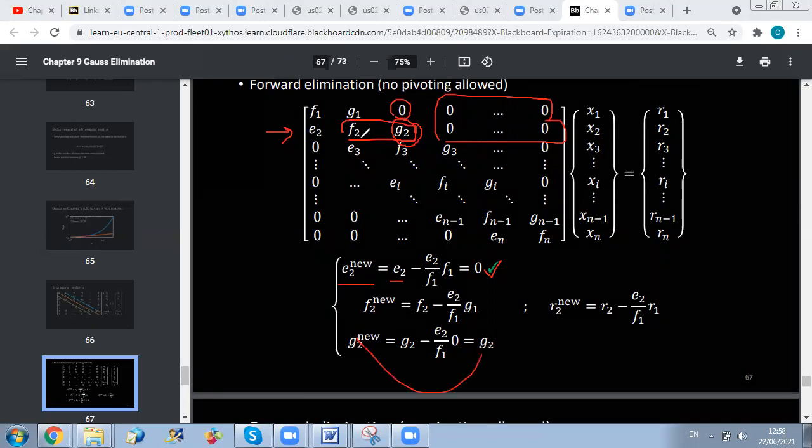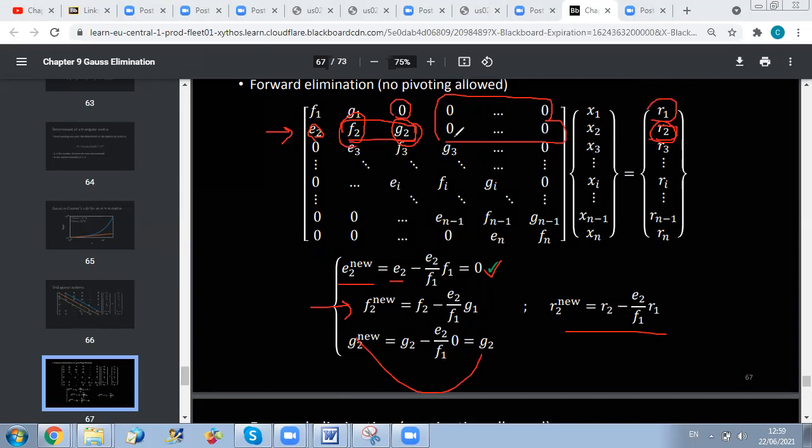So what will change is E2, which becomes 0, F2 should be updated, and R2 should be updated. And it's very easy. The formula of forward elimination is as follows. F2 new is F2 old minus the factor, which is E2 over F1, times G1. While for R2 new, you have R2 minus E2 over F1 times R1.